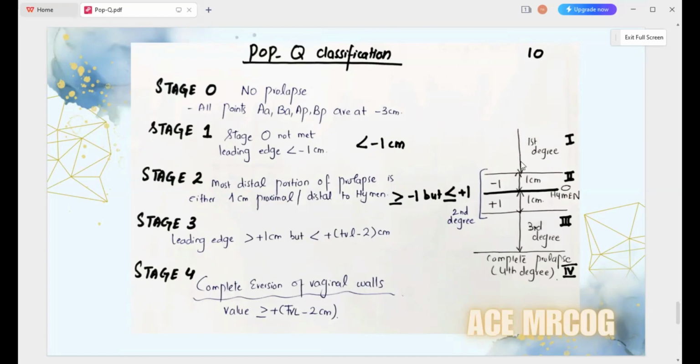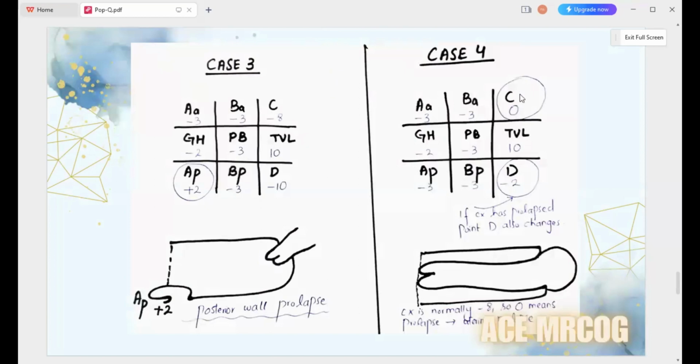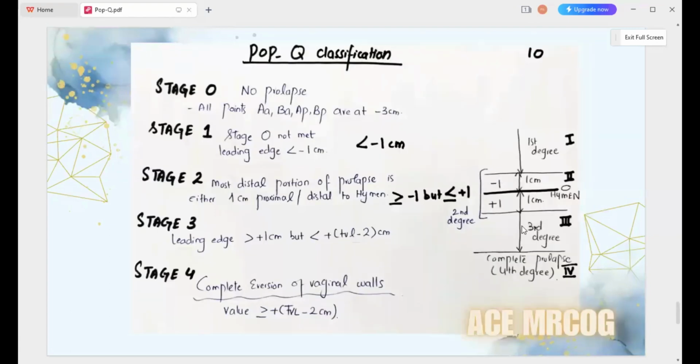So whenever you see on the grid that it is written -2, -3, -4, anything like that, it will come to your mind that it is a first degree prolapse, because second degree means 0, -1, or +1. If anything is beyond +1, which means +2, +3, +4, this means it is a third degree prolapse. Let me show you. If it is here, +2, +3, +4, anything on the grid that is +2, +3, +4, that is a third degree prolapse.